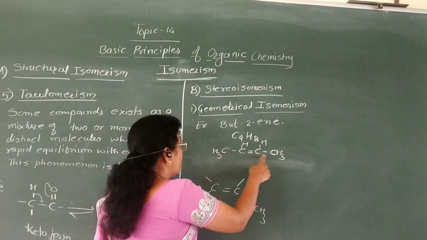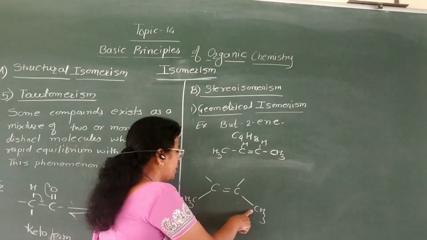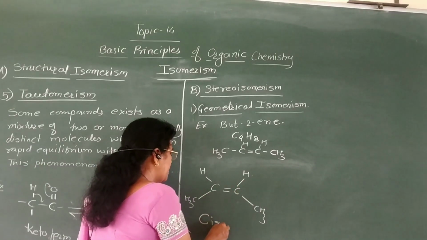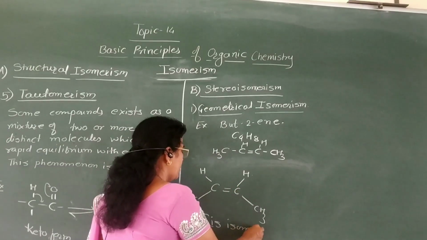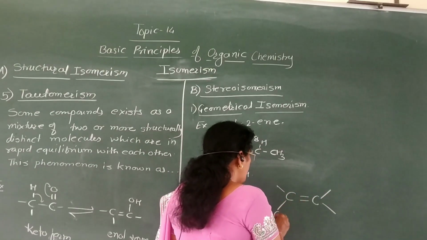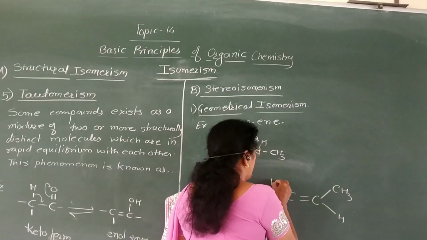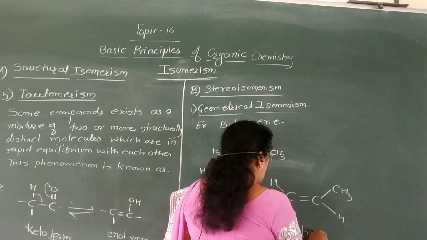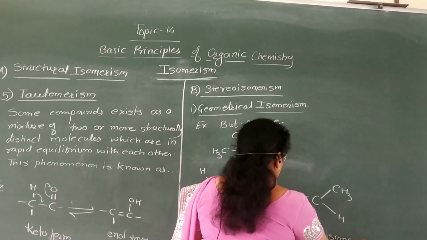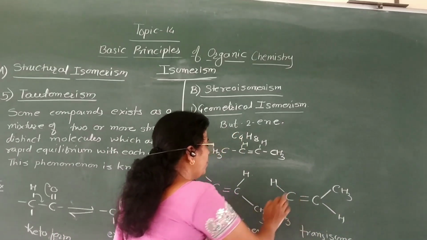If the similar groups, meaning these two CH3 groups, lie on the same side of the double bond like this, then this isomer is called the cis isomer. And if the similar groups lie on the opposite side of the double bond like this, then it is called the trans isomer. That is, this is cis but-2-ene and this is trans but-2-ene.